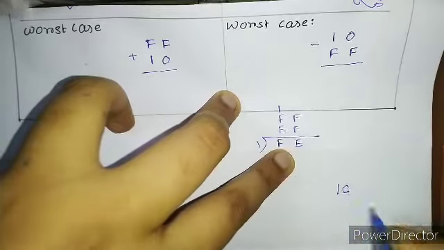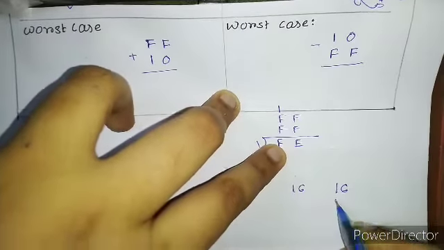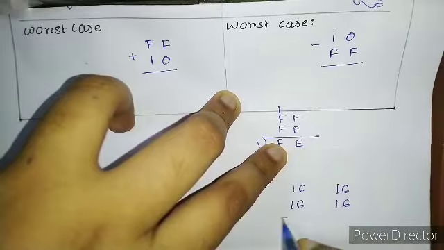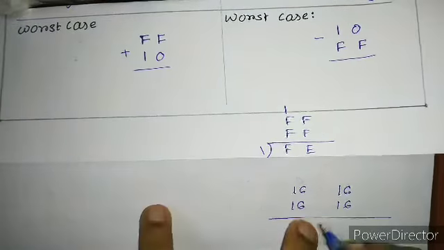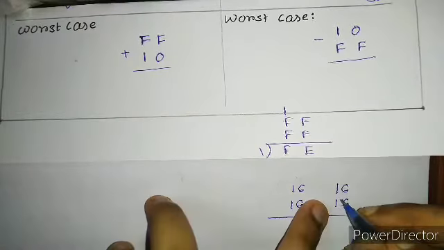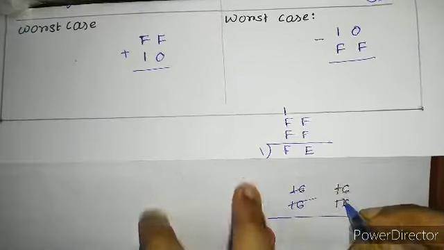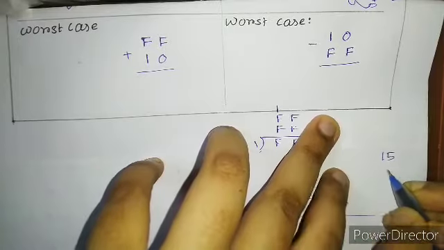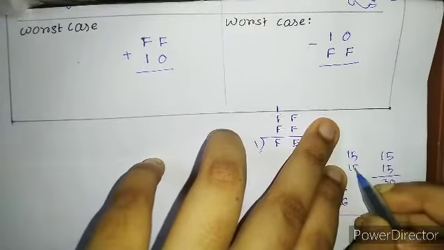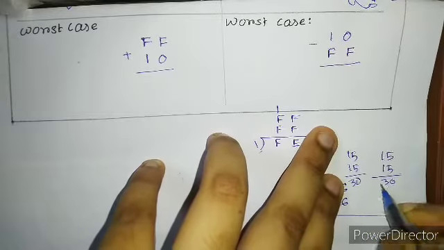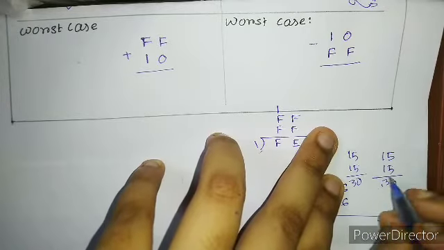F is 16, this F is 16, again 16 plus 16. I'm sorry, F is 15, I'm really sorry. So 15 plus 15 is 30. In a hexadecimal number, the base is 16.